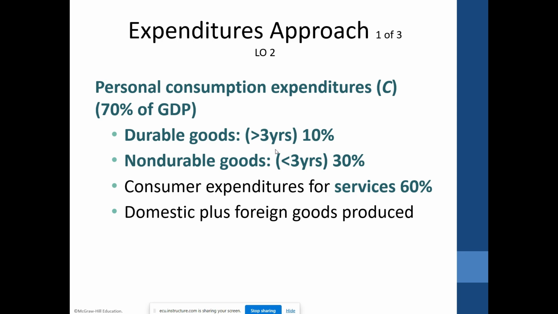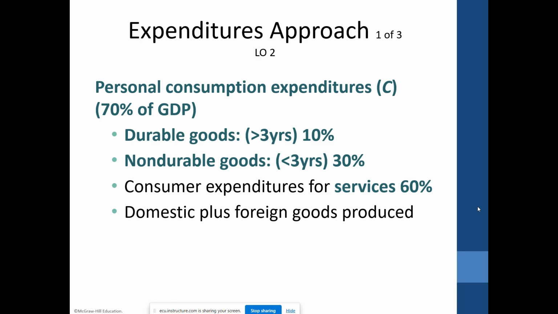Another 30% go to non-durable goods, such as food, clothing, and gasoline. The other 60% are for services, which has led to the United States economy frequently being referred to as a service economy.